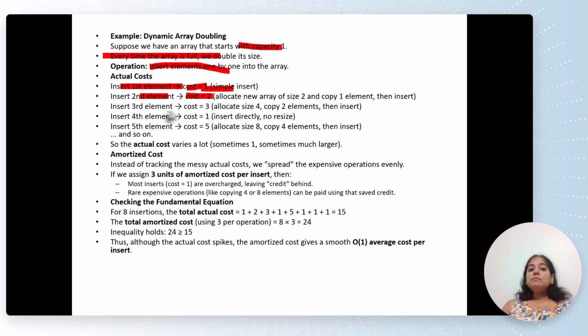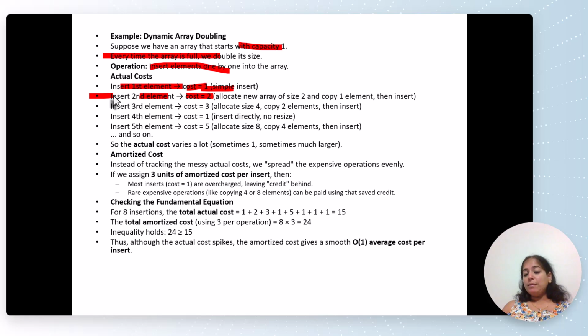Now, if you insert the third element, the cost is 3. You allocate a new array of size 4, because the size was 2 and we are doubling it.